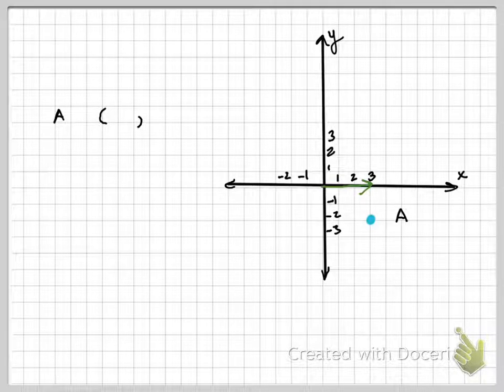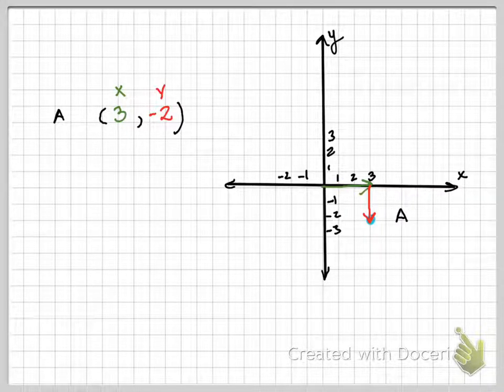That's what I have to do to get to that blue point from the origin. So that means my x is +3. Okay, then what did I have to do? Well, then I had to go down 2 units, it looks like, right? So that means my y value is -2.